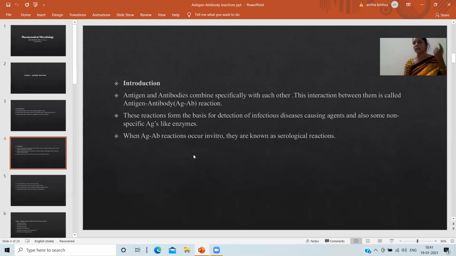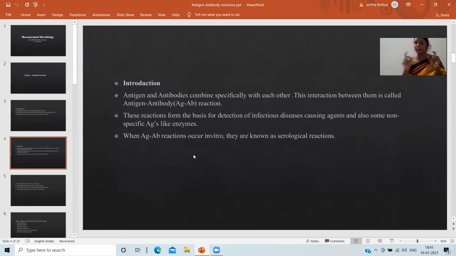So what are we saying here? The antigen possesses a chemical region called the epitope or antigen determinant site, and this region would be complementary to the complementary determining region on the antibody.